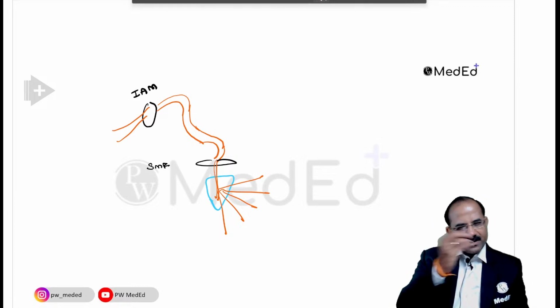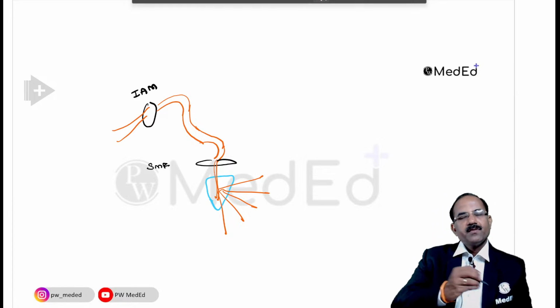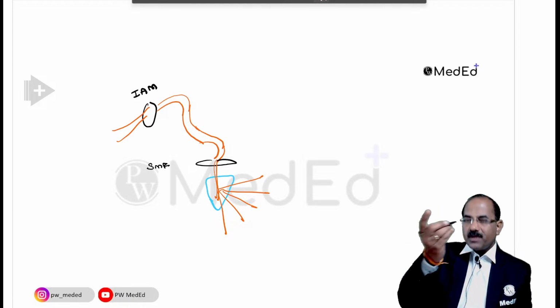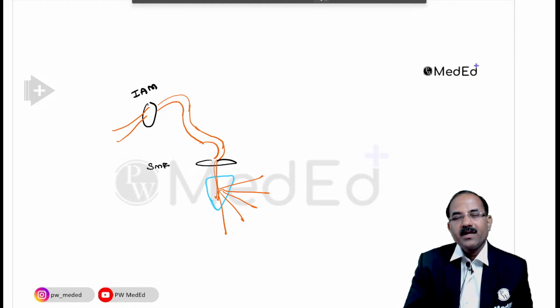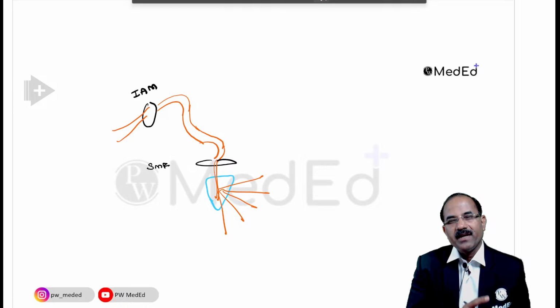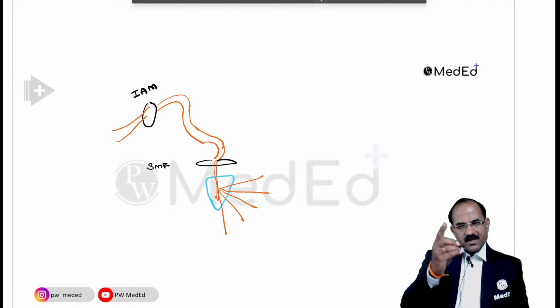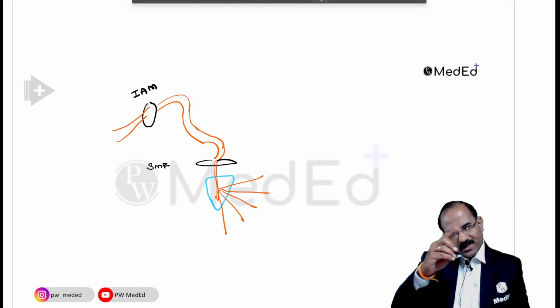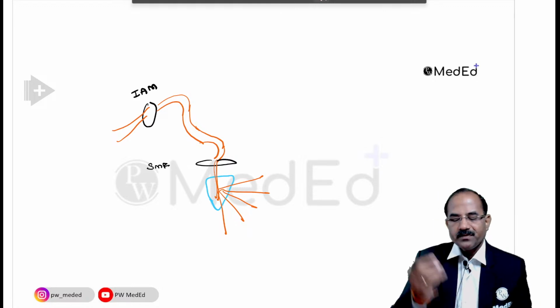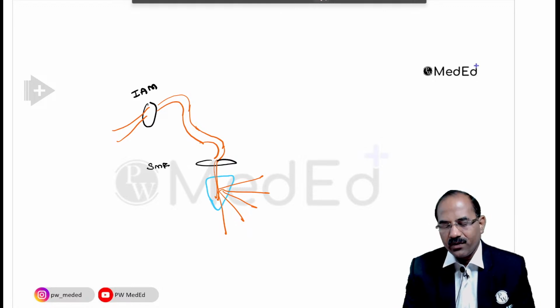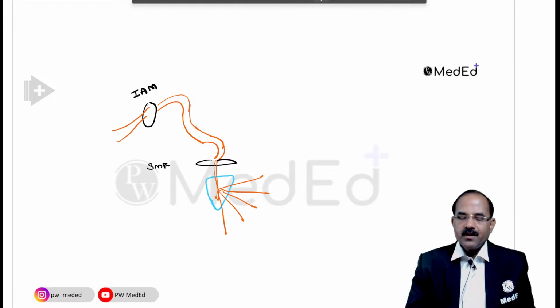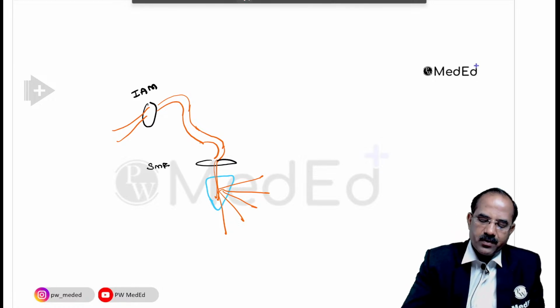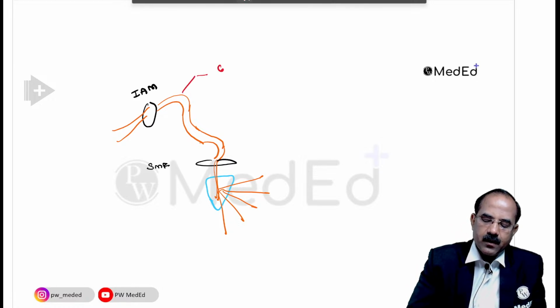The facial nerve first enters the internal acoustic meatus, enters the internal ear. From the internal ear, it comes in the middle ear cavity. There goes a first bend, that's genu. It runs inside the middle ear cavity. There goes a second genu, second bend, then gets out to the stylomastoid foramen. In the ear, the facial nerve gives three branches. One is greater petrosal nerve.